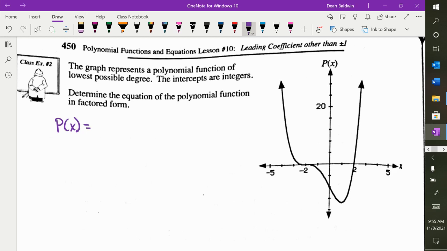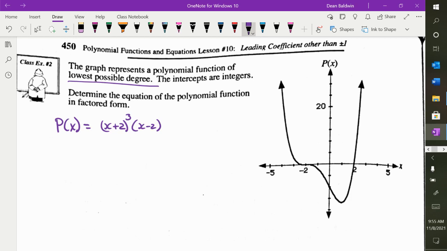Point of inflection. So what does that mean the multiplicity of that is? It means it's cubic. Because they tell us this is the lowest possible degree. So if it's lowest possible degree, use all the low multiplicities. What about 2? What's its multiplicity? 1. So I just leave it.